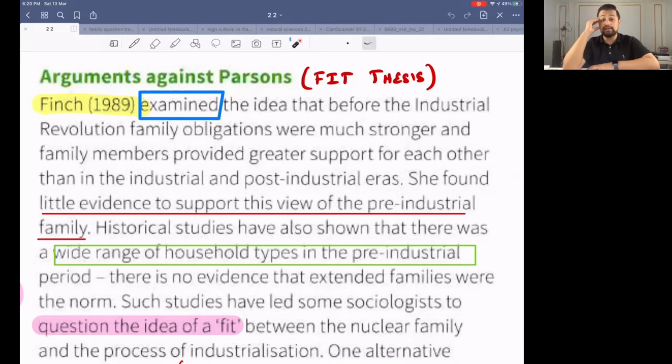If you remember, when we were discussing the fifth thesis, I said that according to it, there was a time when the family had a much bigger role to play than it has today. Back then, there was a lack of welfare support from the state. There weren't specialized institutions there to help people whenever they were in need.